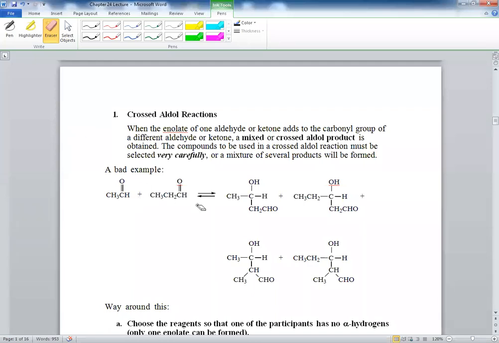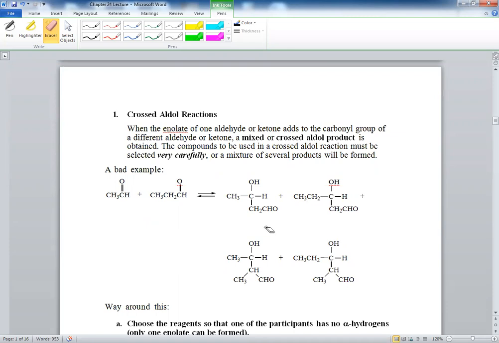Okay, so you have 2 different aldehydes. Look at what happens here: you actually get 4 different products.